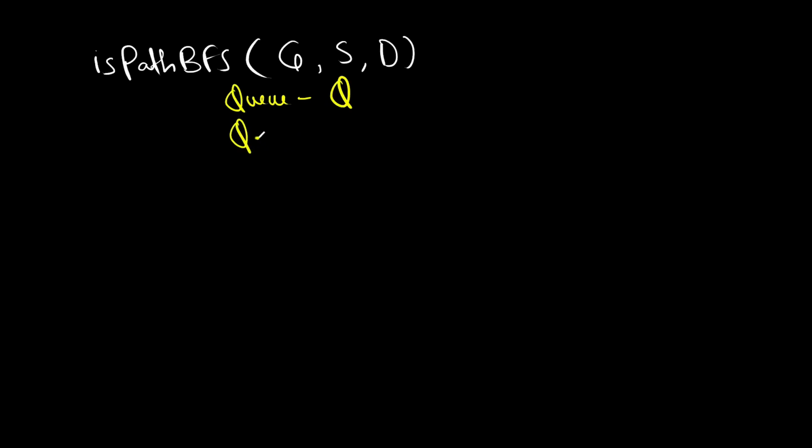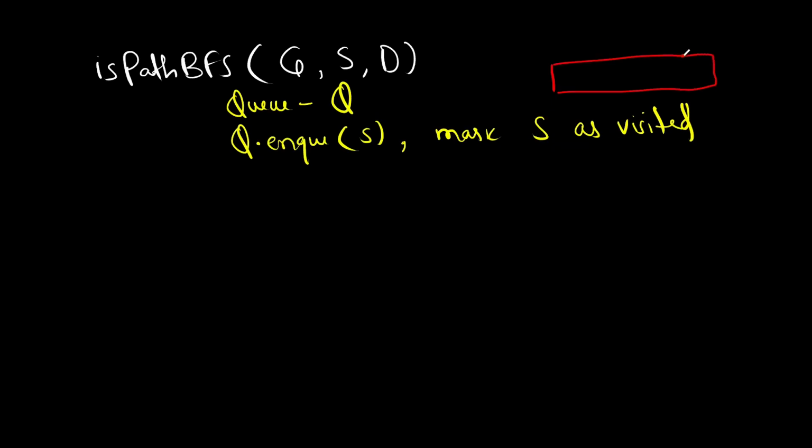And in this queue you have to enqueue the source vertex first, right? And once you do this, mark S as visited. So we'll mark this particular source node as visited. And how do we do that? We take an array.